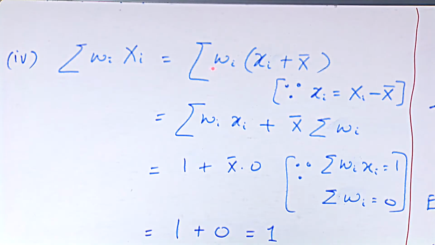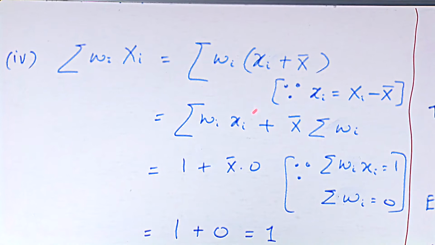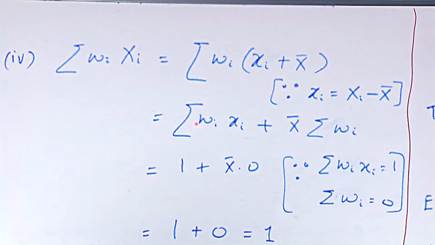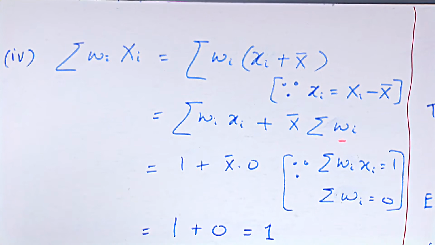Now we are multiplying this wi with xi and wi with x bar. We may reduce this expression as sigma wi xi plus x bar sigma wi.